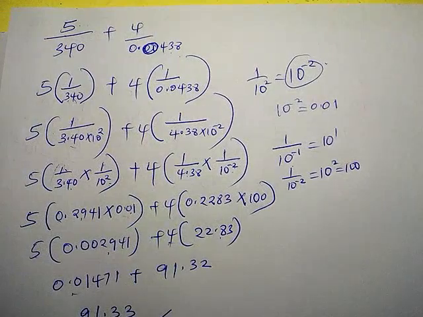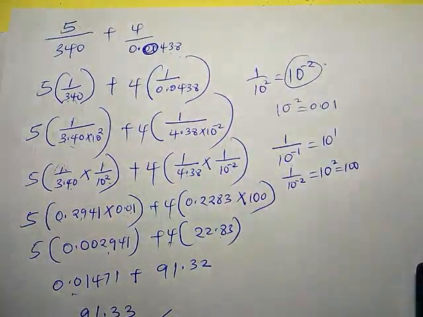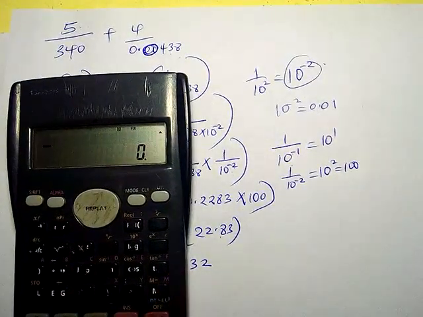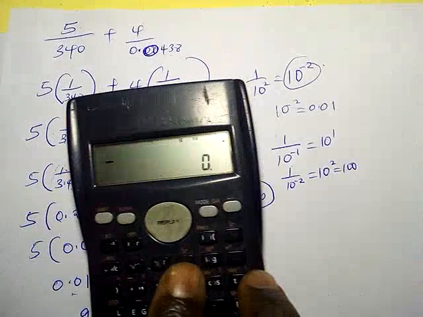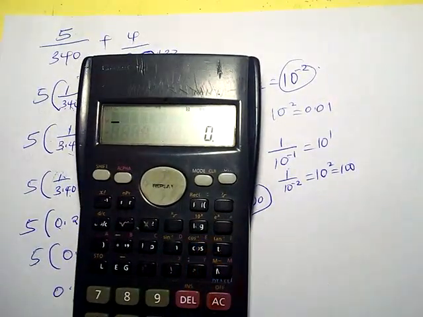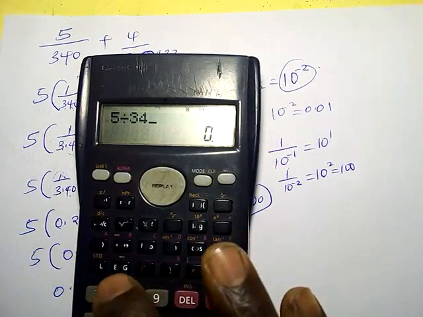But before, if you have a calculator in your exam room, you can confirm. After you have done like this, the calculator is for confirming. You confirm whether your answer is supposed to be like that. So how do you confirm? You write 5 divided by 340.